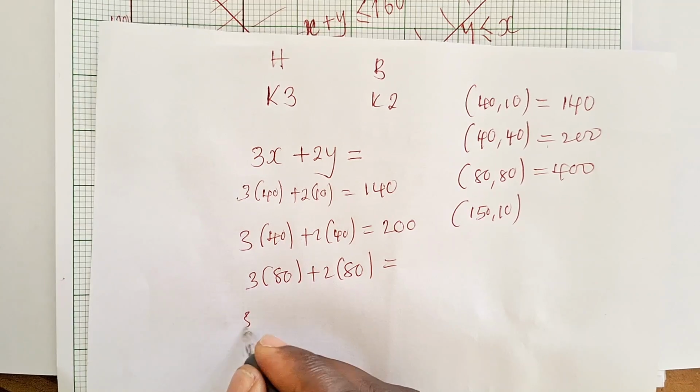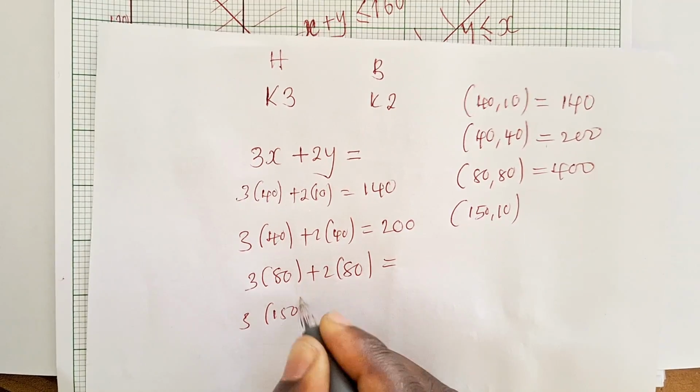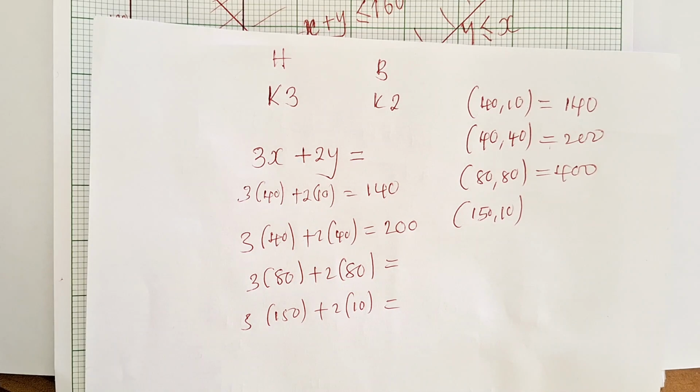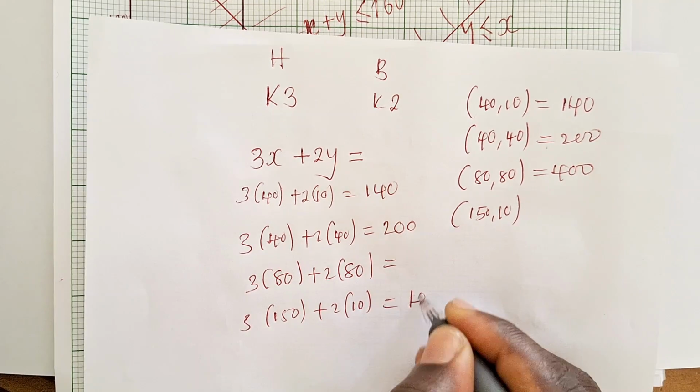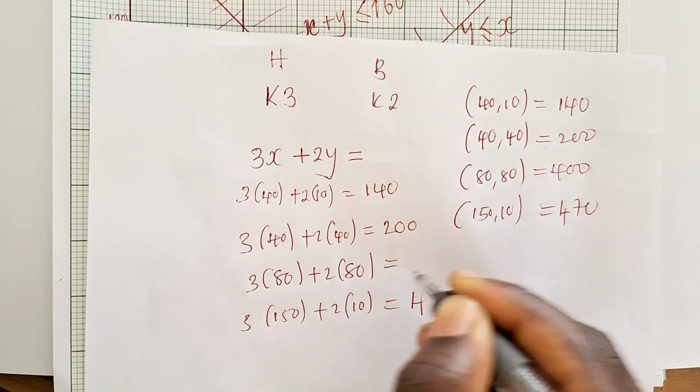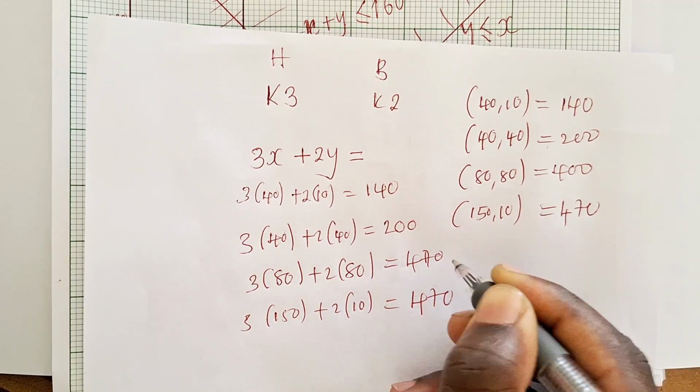We go to the last one, 3 open bracket, 150 plus 2, 10 there. So 3 open bracket, 150 plus 2 open bracket, 10. This is giving us a 470. So 470. You can see?